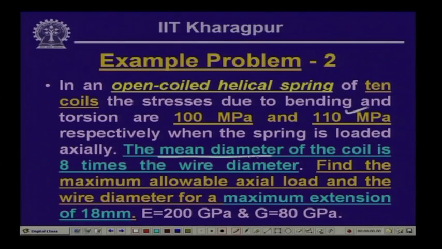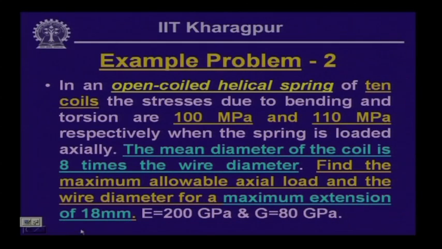The mean diameter, capital D, of the spring equals 8 times the wire diameter, small d. To find the maximum allowable axial load, capital P is to be evaluated, and the wire diameter small d, for a maximum extension of 18 millimeter. The value of delta is given. You will have to find capital P and small d. The values of E and G are given as 200 gigapascal and 80 gigapascal.